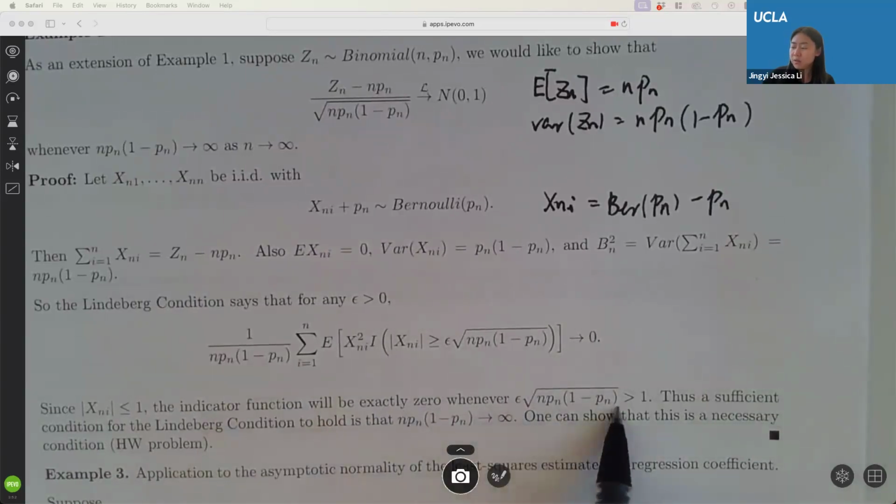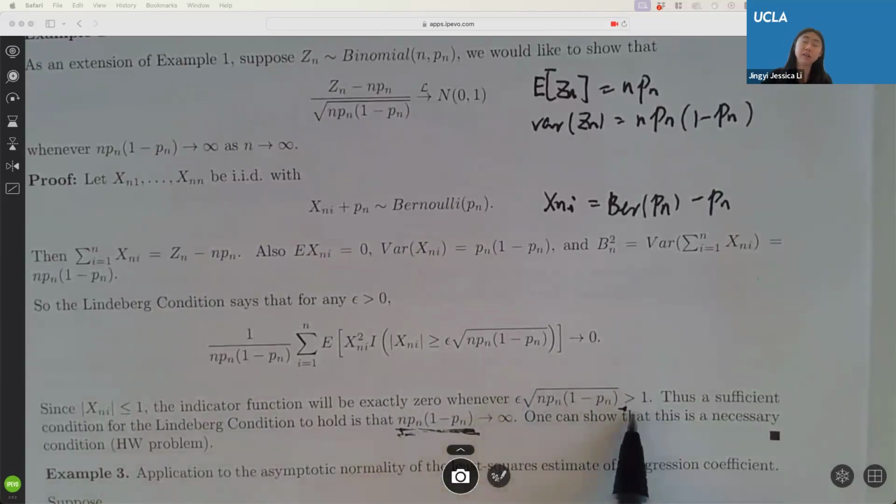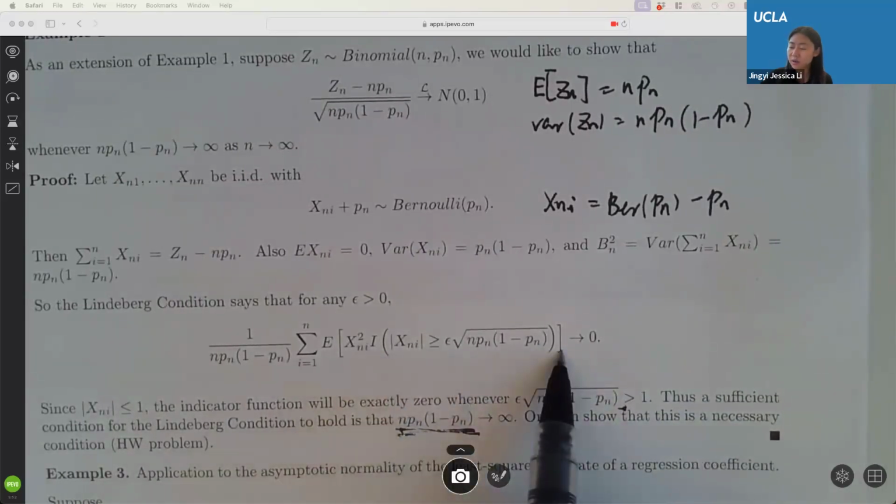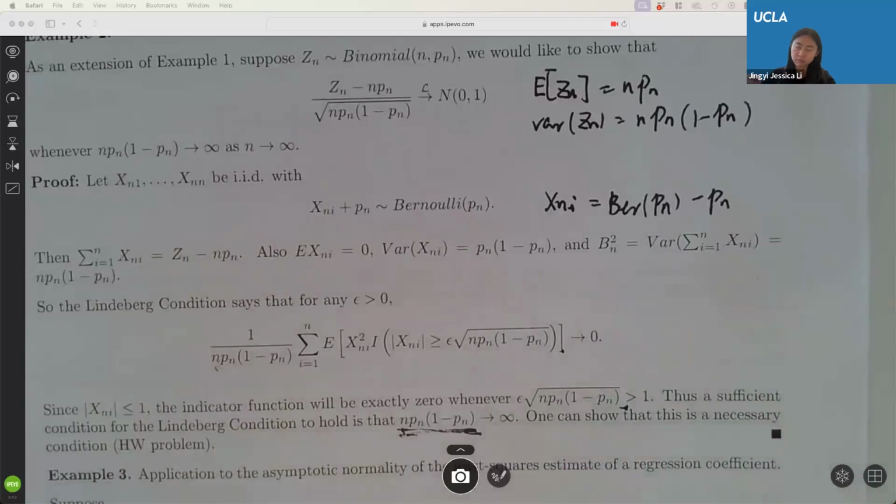So to make this greater than 1, a sufficient condition is to let Bn diverge. When it diverges, then for any epsilon, you will find a corresponding n such that the product is greater than 1. And then when this is greater than 1, the indicator doesn't hold, and the sum becomes 0. So that's how we can show it.